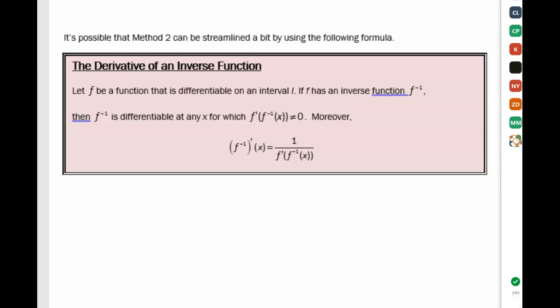So again, the connection between the derivative of an inverse function using method 1 and method 2 can be streamlined down here. What you can see is that it's f prime of f inverse.